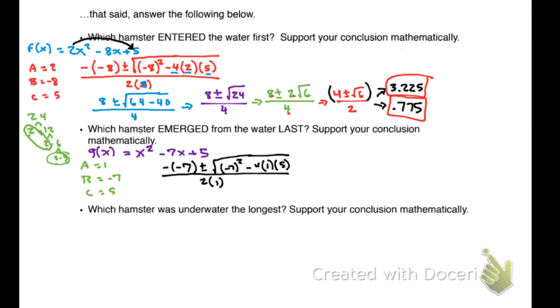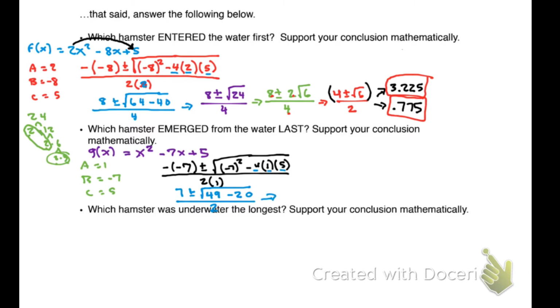Now simplifying this out, that gives me a positive 7 plus or minus negative 7 squared is 49. Negative 4 times 1 is a negative 4. Times 5 is a negative 20, so that's minus 20 divided by 2.